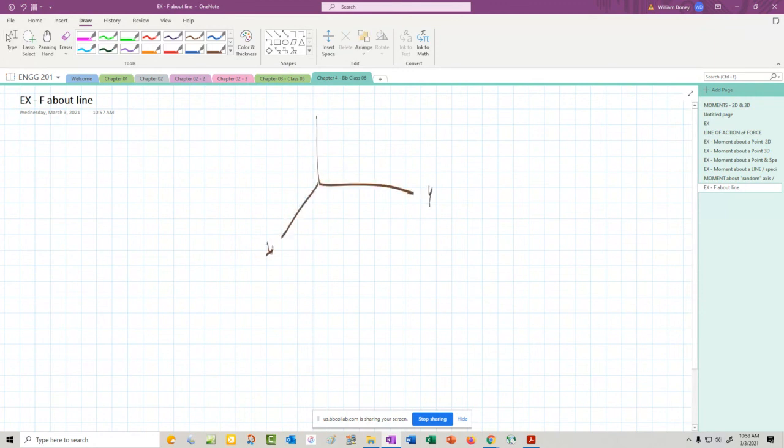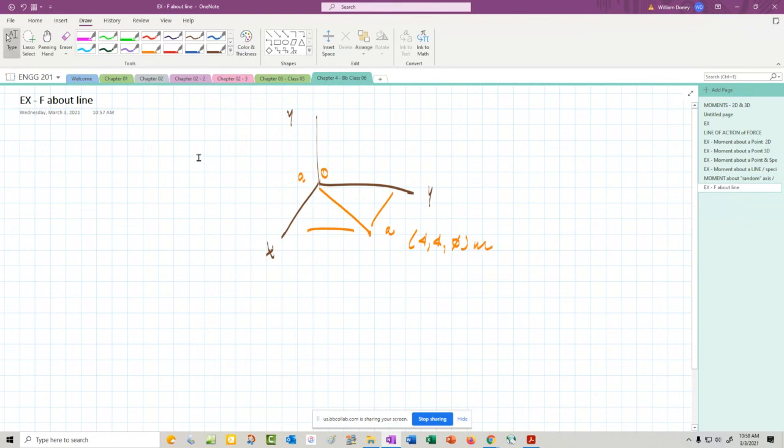All right, here's our X, Y, and Z. I'm going to have a line here. It goes from A to A. It's from the origin. It goes through this point. And this point is going to be 4, 4, 0. And we'll make it meters.